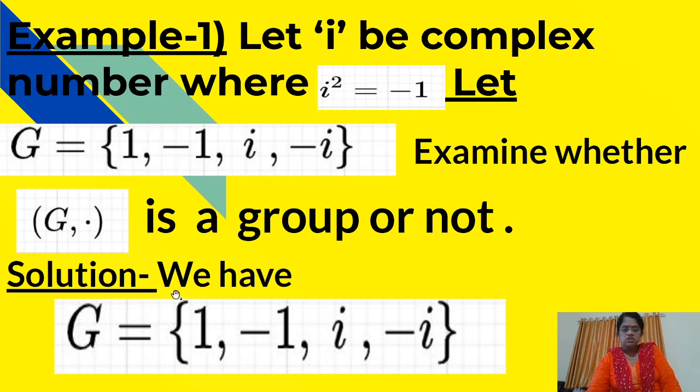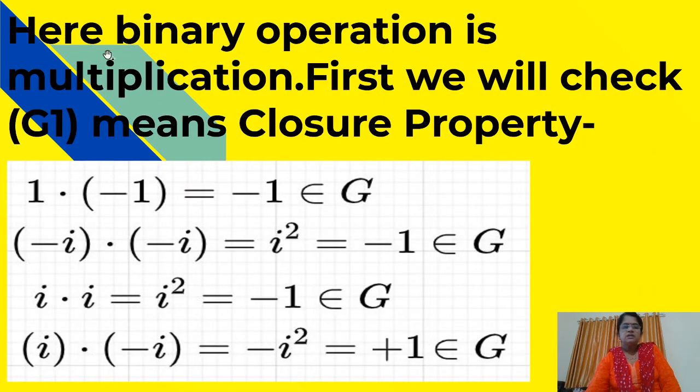See the solution. We have G is equal to {1, -1, i, -i}. Here binary operation is multiplication. First we will check G1, the closure property.